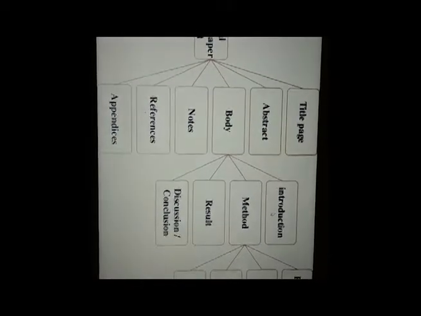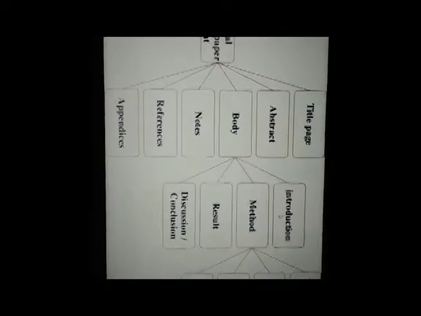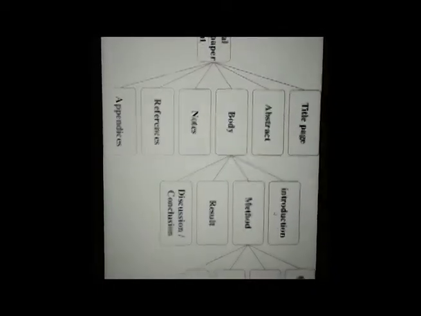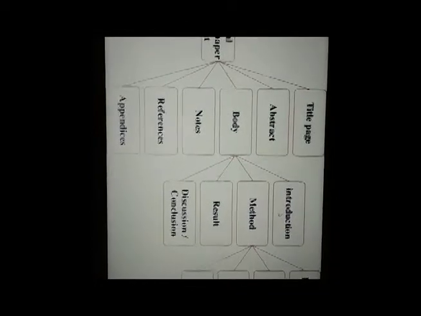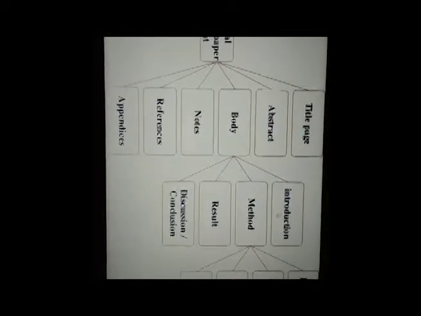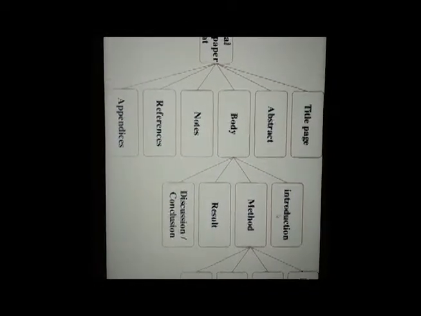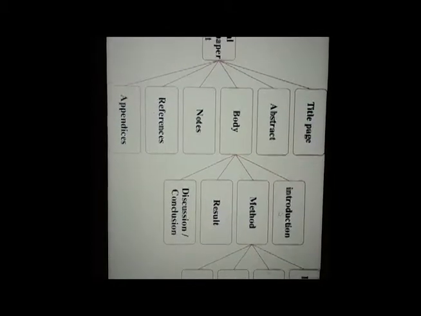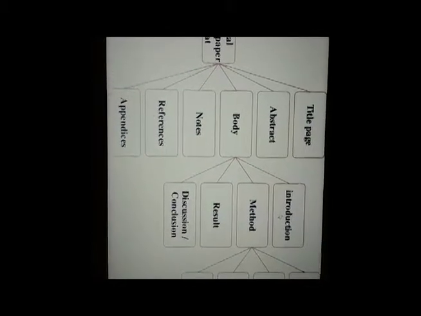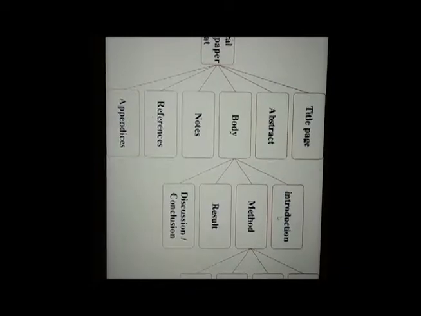For example, you are doing research on a school. You have to find out the problems available in the school. If you are doing research on analysis, you have to find out the preliminary problems that the students face.